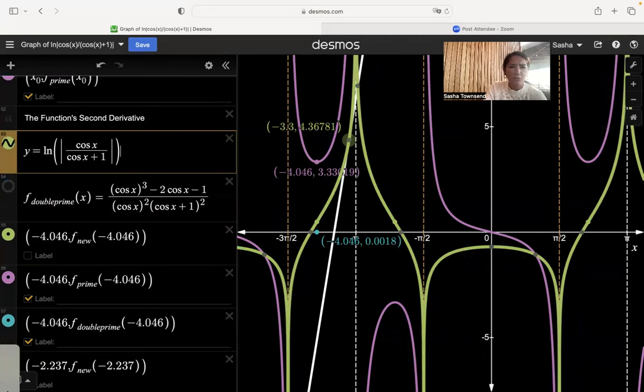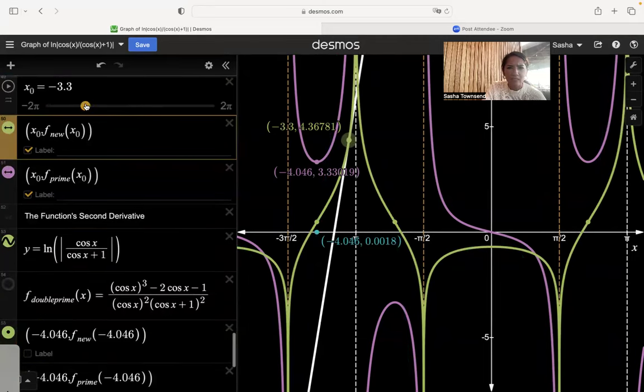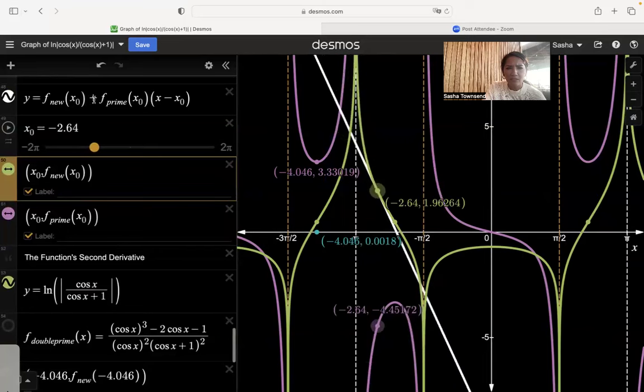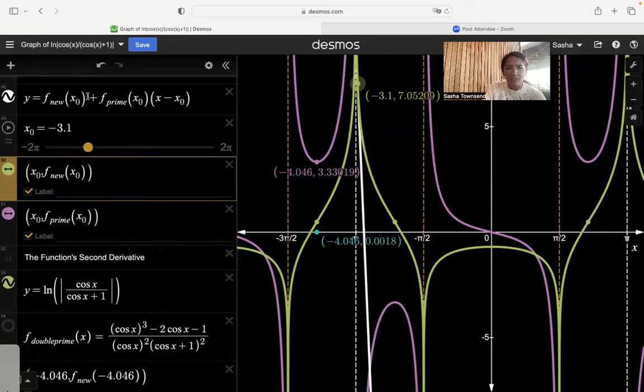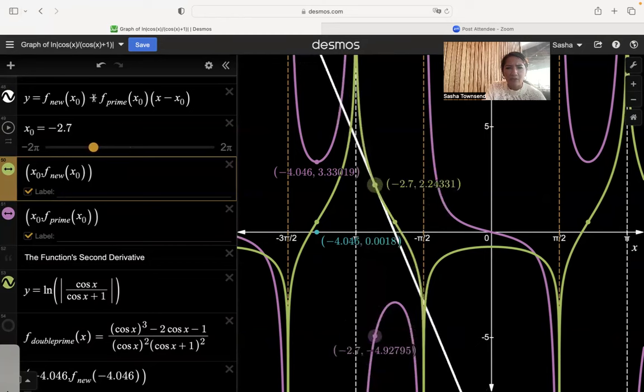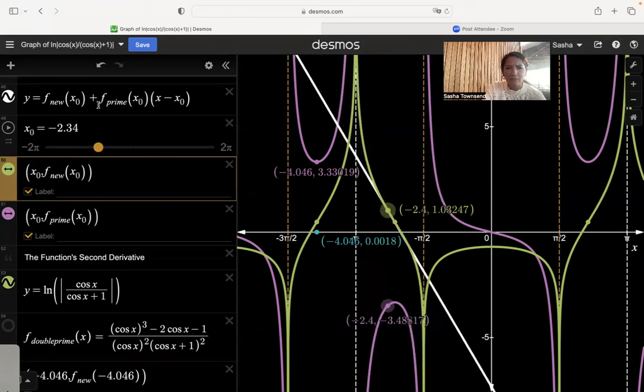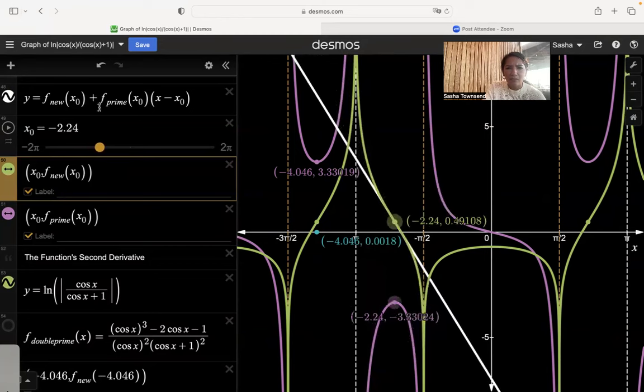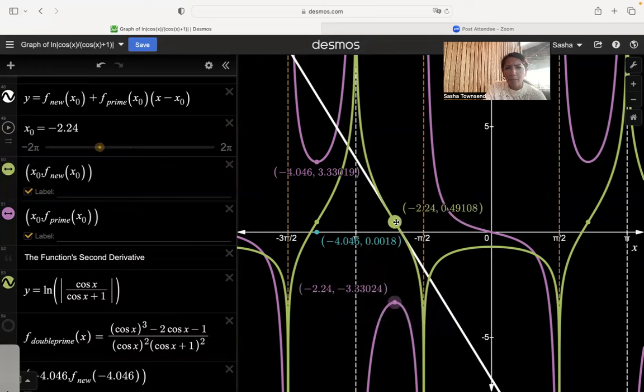So as we continue to let our tangent line move from branch to branch, we see we've got very large negative slopes, and then those slopes are increasing until we get to a minimum magnitude, maximum slope. No, wait, is that right? No, minimum magnitude slope, but it's negative, right?